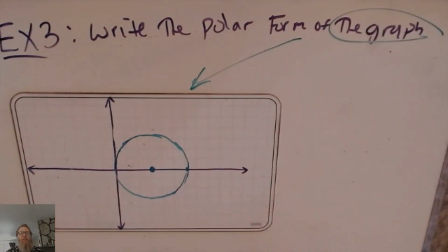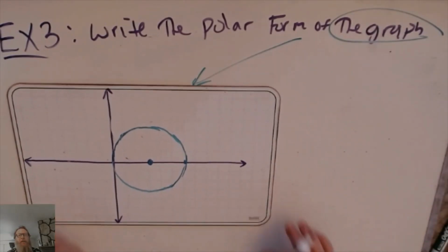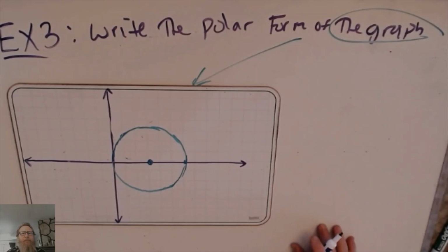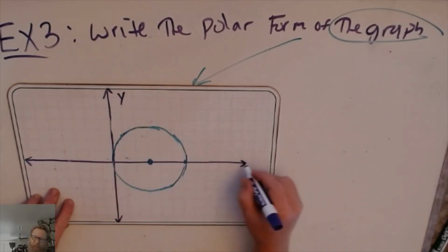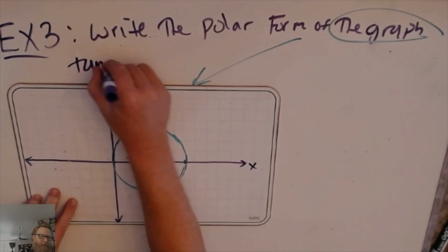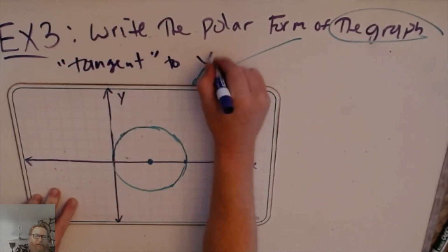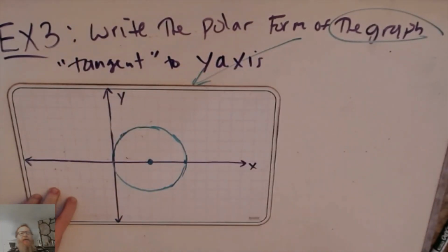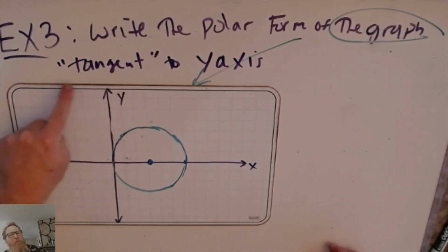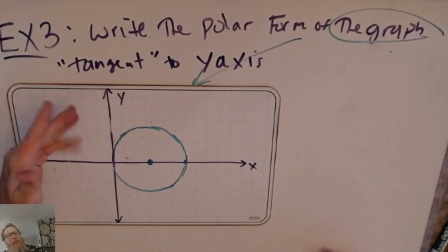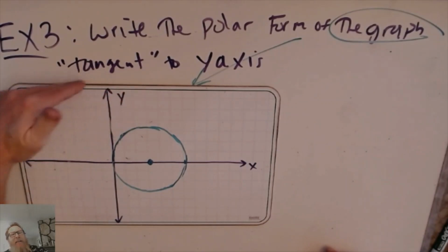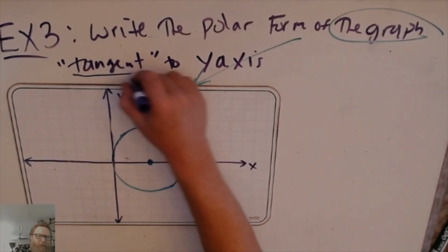So look at this graph, and let's find the polar form of this equation. So this graph is what we call tangent to the y-axis. Yeah, it's the same word from sine, cosine, and tangent, but we're using the word tangent in a different form.